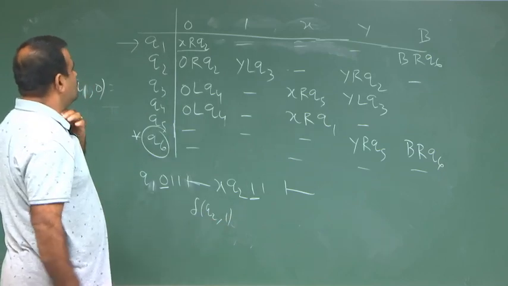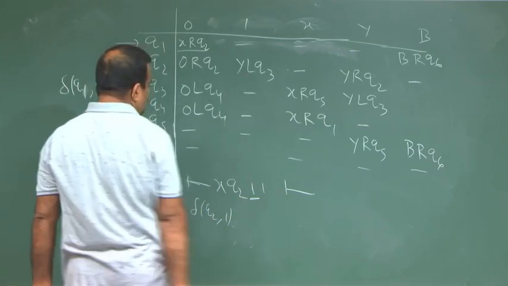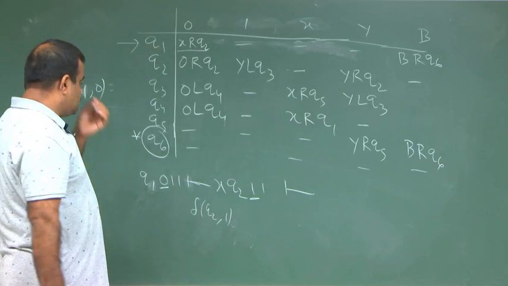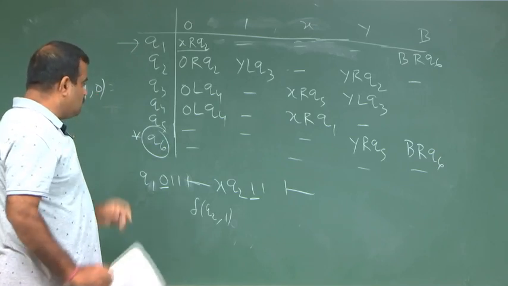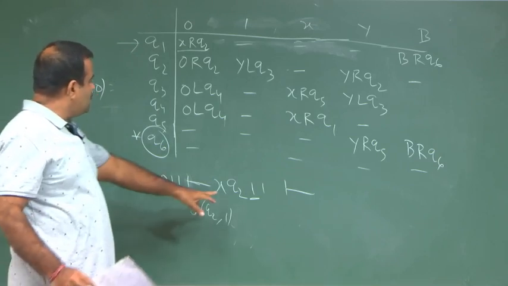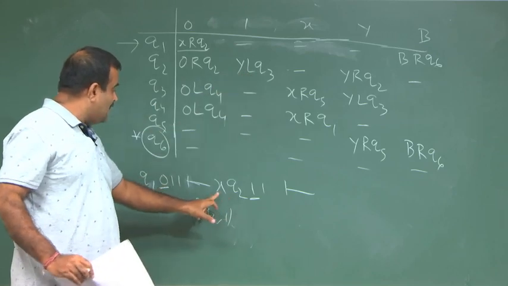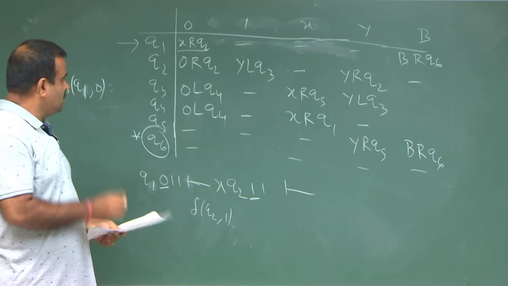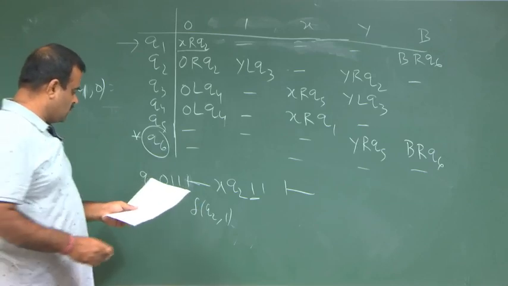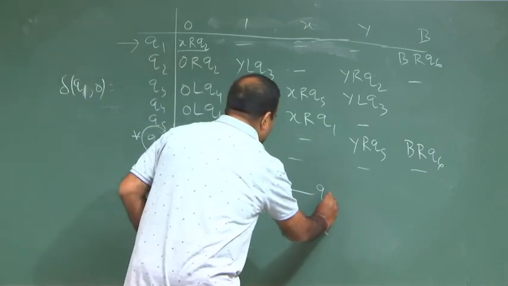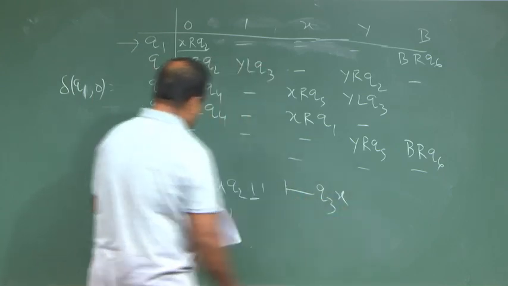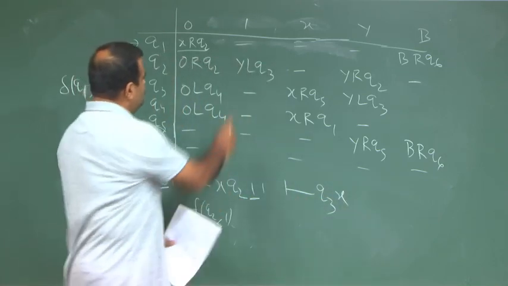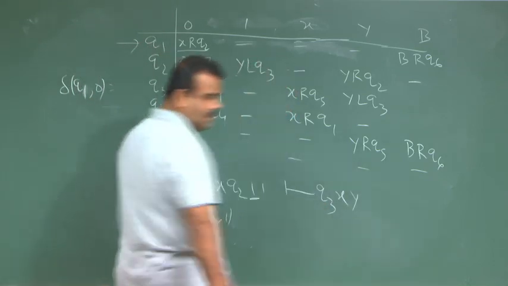Delta of q2 1 is this one. So, 1 will be replaced by y, and we are going to the left. That means the next input symbol will be x, and this is going to q3. So, this will be q3, x will be the next input symbol, and this 1 is replaced by y. This is the way.